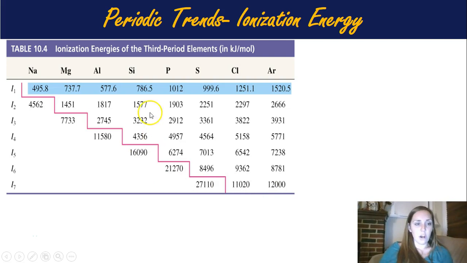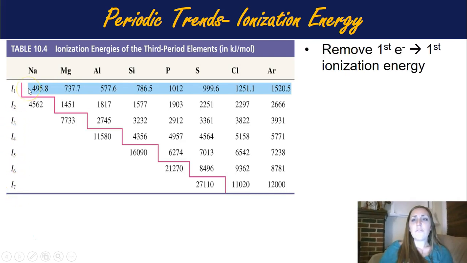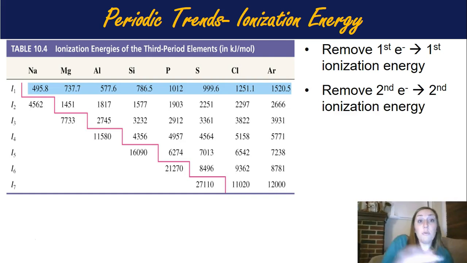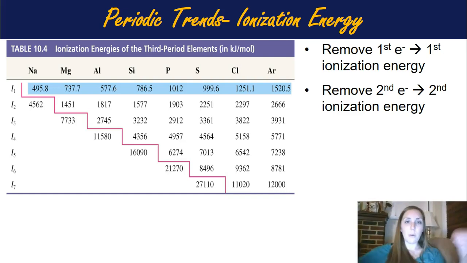Here's a little chart to go over ionization energies. Notice there's a bunch: I1, I2, I3. What is that? The first ionization energy is the energy required to remove one electron. The second ionization energy is the energy to then remove a second electron. Keep in mind, if you already pulled off one electron, that nuclear pull was dispersed amongst the electrons.